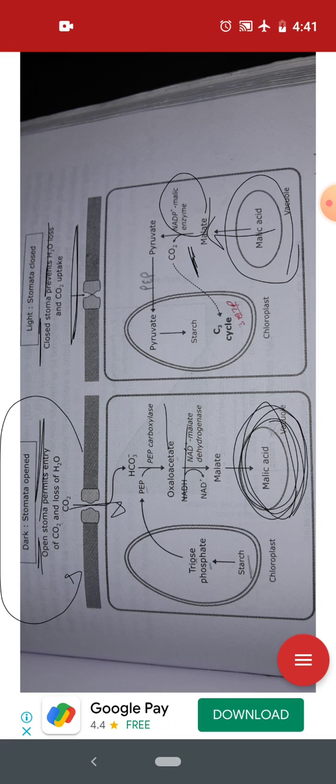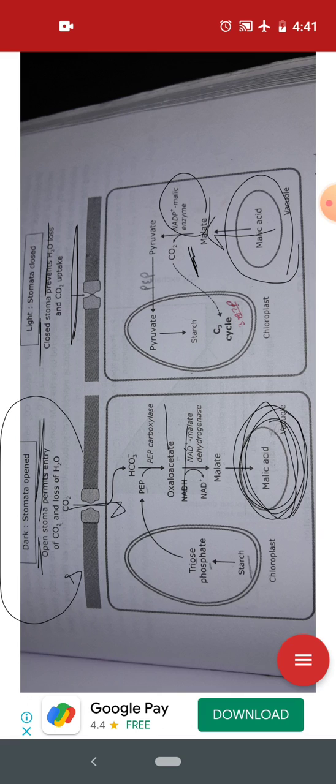Next difference is the CO2 compensation point. For C3 plants, it is 30 to 70 ppm. For C4 plants, it is 0 to 10 ppm, and in CAM plants, it is 0 to 5 ppm during night.